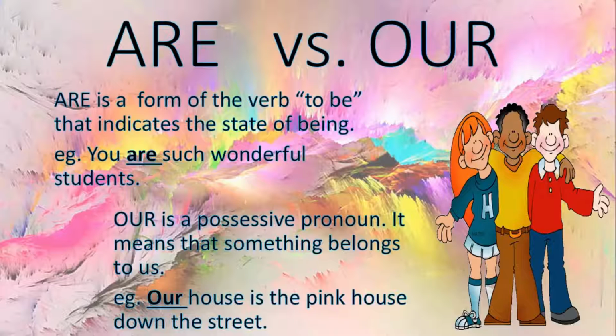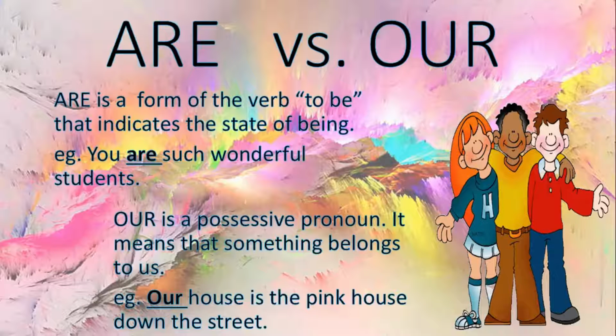So instead of saying that the pen belongs to Mrs. Myrtle, Dario, Michaela, Nelson, etc., we just say that it belongs to us. It is our pencil. Let's look at our example now. Our house is the pink house down the street.